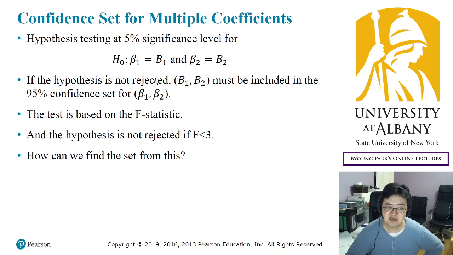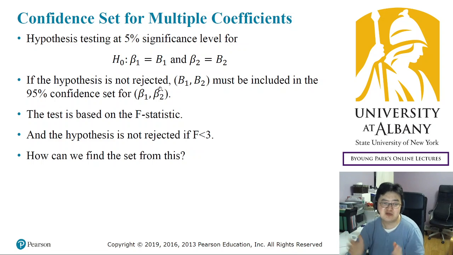If not rejected, the value must be close enough to the true parameter, so it should be included in the confidence set. So what remains is that we need to think about what is not rejected. If you can calculate what's not rejected, then the collection of those values makes the confidence set.